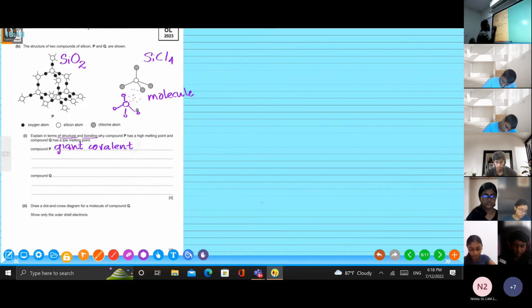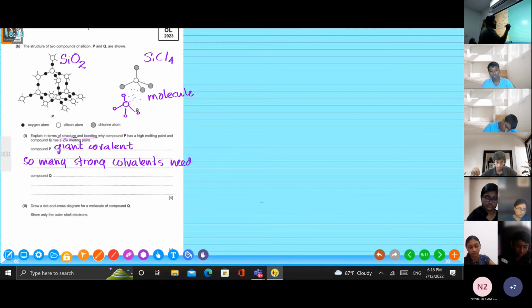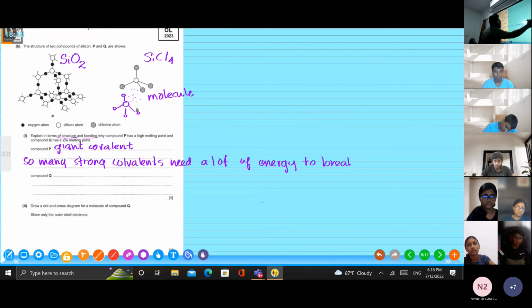Right? Here is the smart answer you can write so that you won't lose any marks. Giant covalent, so many strong covalent bonds need a lot of energy to break. There you go, right?